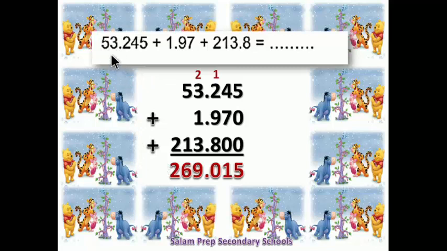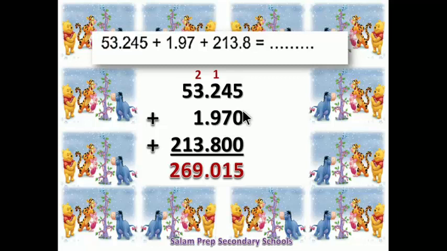Write the first number 53.245 plus the second number 1.97. We need to put 0 to balance decimal numbers, okay? Plus 1.970.